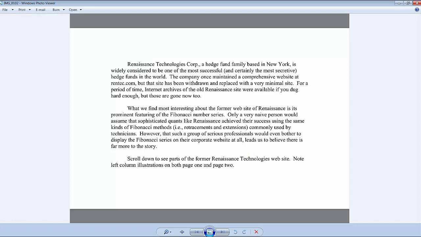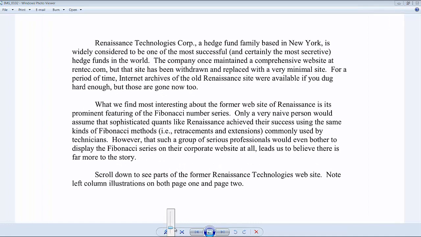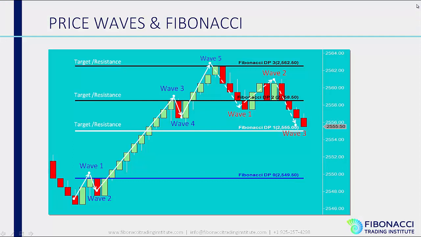A hedge fund based in the US, one of the top funds, uses Fibonacci numbers. Is that possible? Not indicators. Fibonacci is what forms the markets, what does the exact same dance every time, nothing less and nothing more.